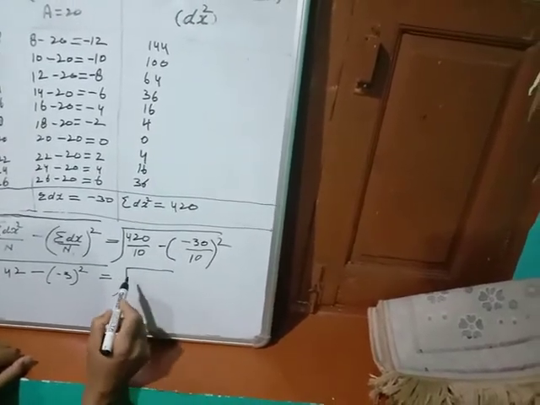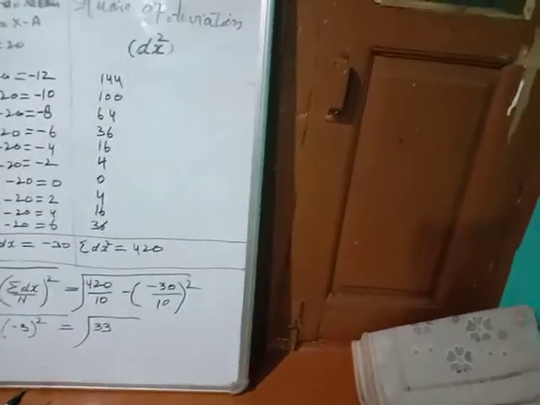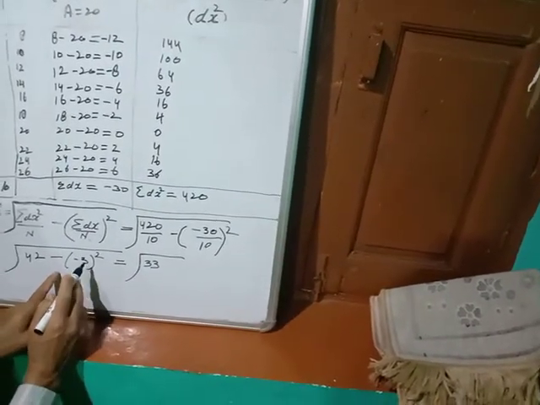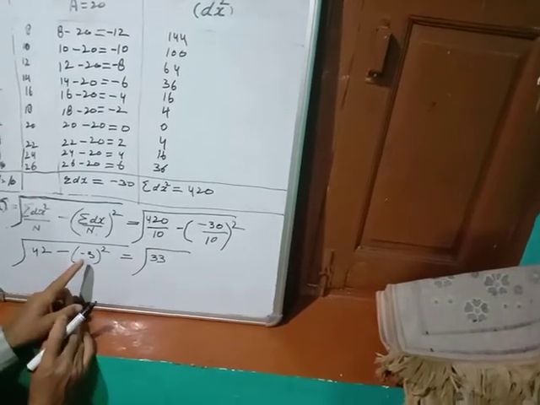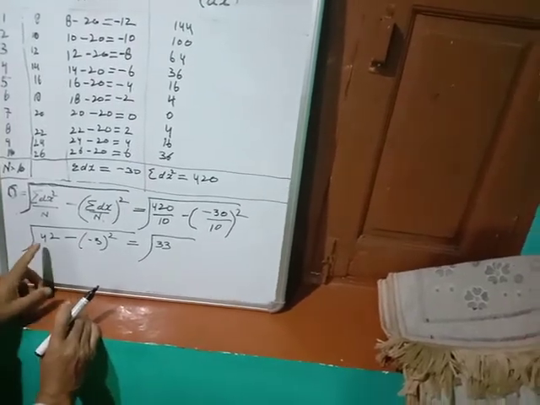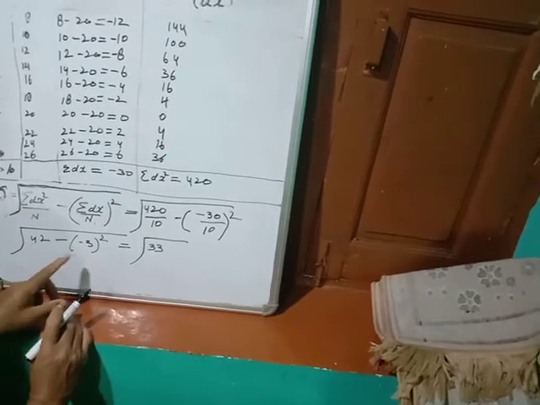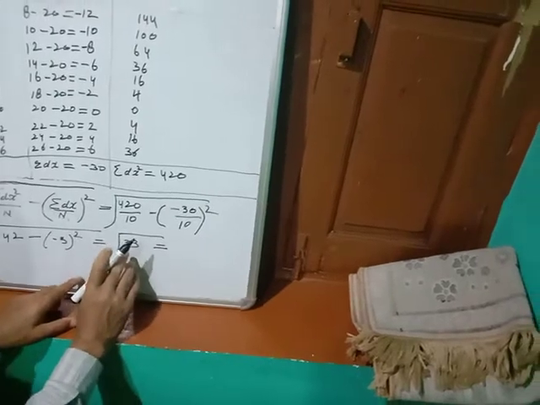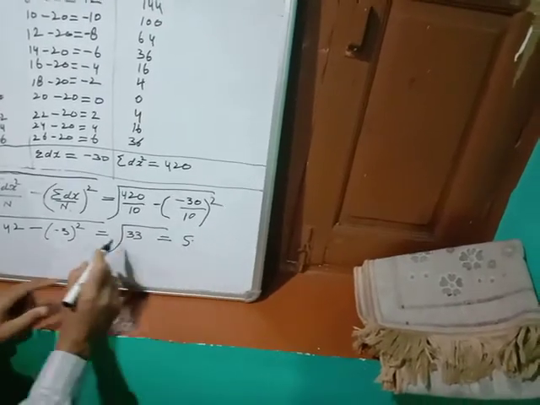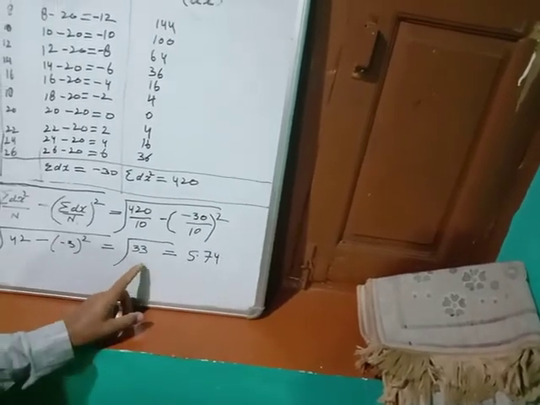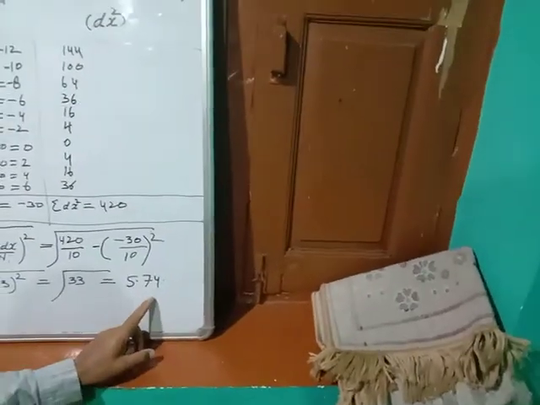Root of 33. How? 42 minus, when we multiply minus 3 whole square, minus 3 into minus 3, that is plus 9. When we subtract this 9 from 42, that is equal to root 33, which is equal to 5.74.